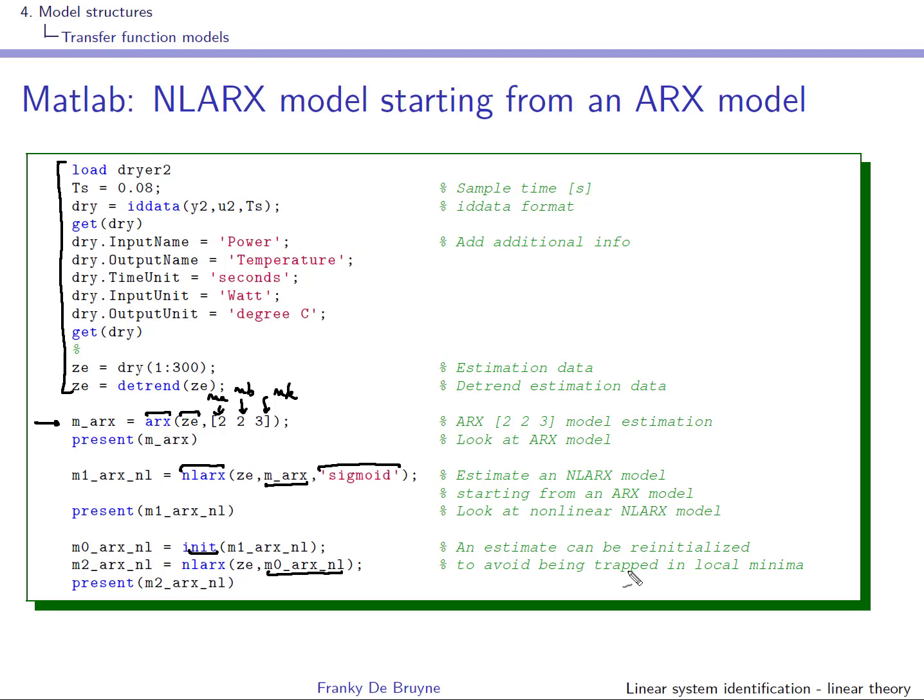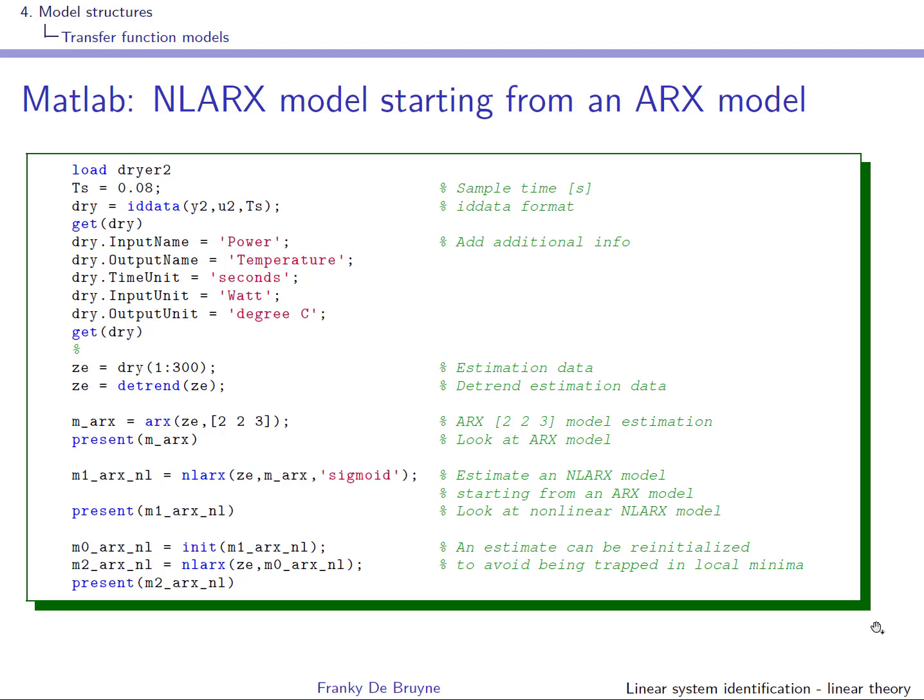It goes without saying that before trying a nonlinear ARX model structure, you should always first identify an ARX model structure and then see if a nonlinear ARX model structure brings a substantial improvement.